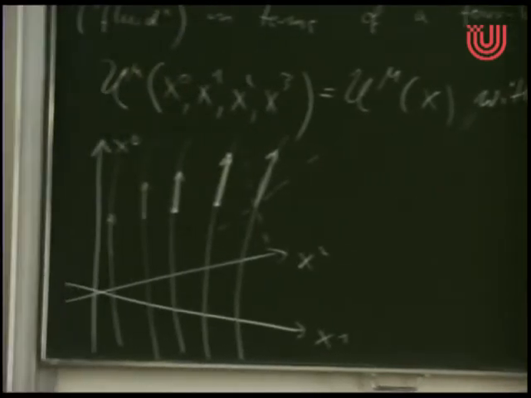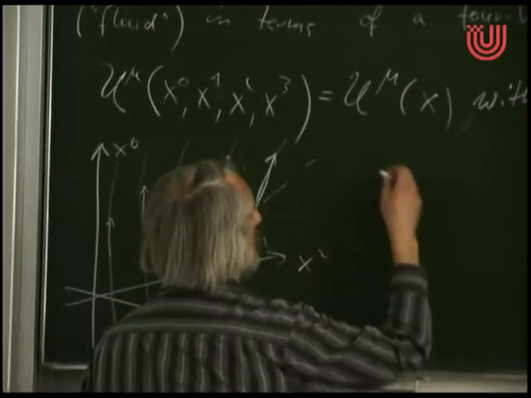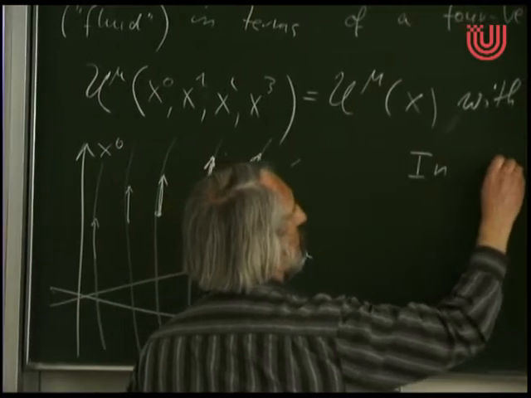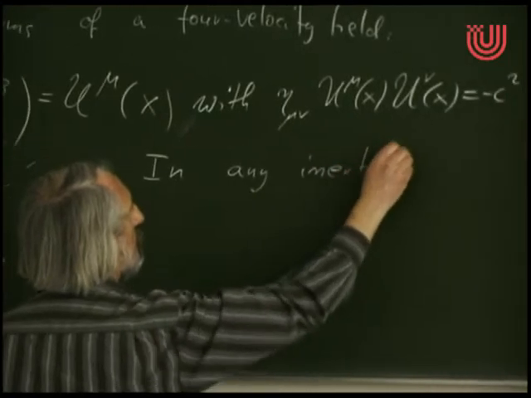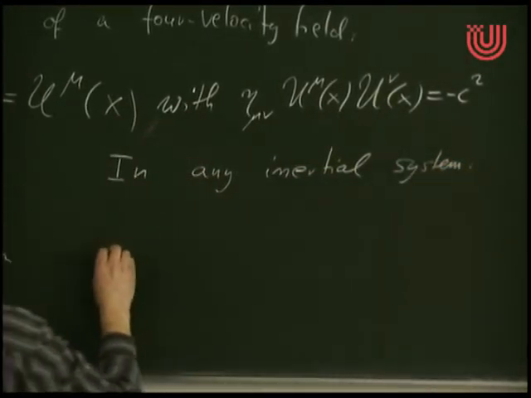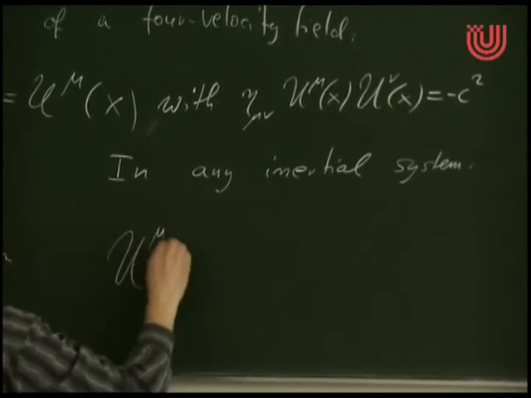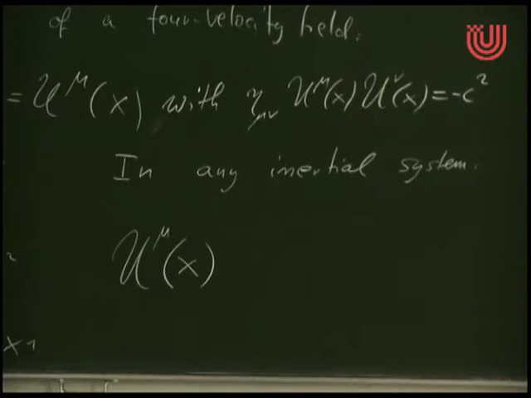So that's the forward velocity which describes the motion of the material. If I write this u mu in any inertial system, then of course it has the usual form, like any forward velocity has, but now it is a field. It's a function of all 4 coordinates. That's a new feature.